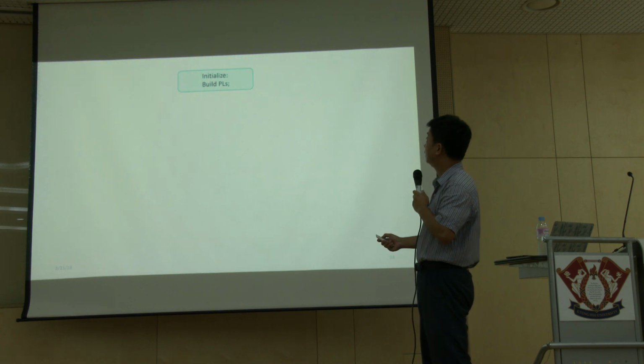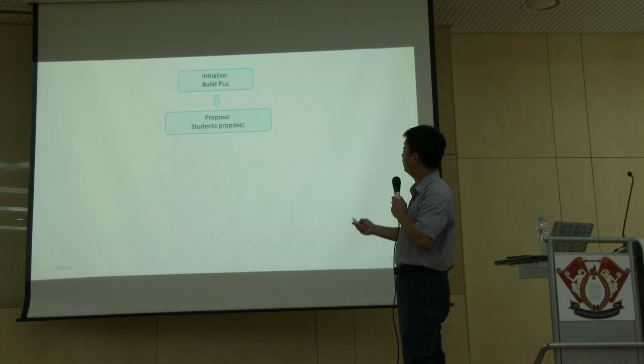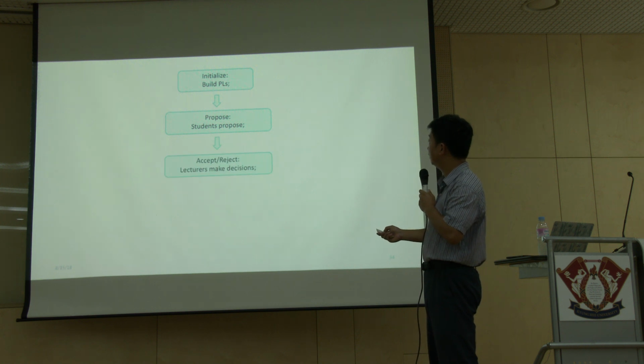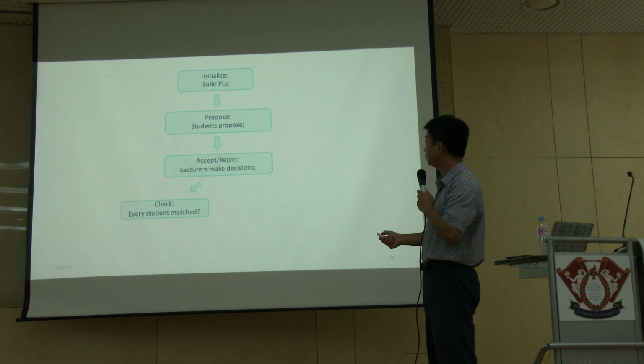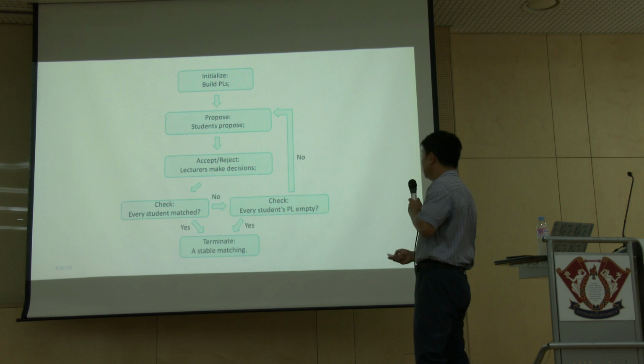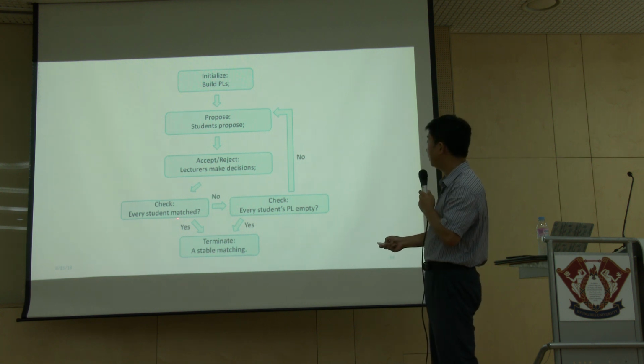So basically, we start from this: the student proposes, and then the lecturer makes a decision on whether or not it's good. Then after that they check if every student is matched.